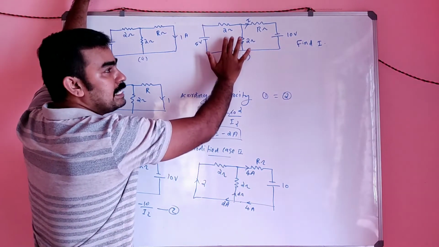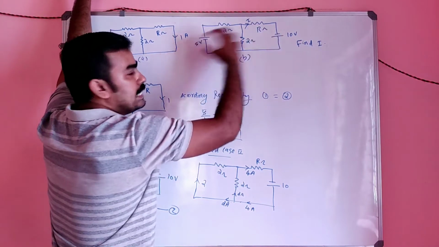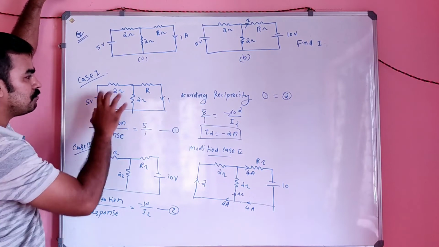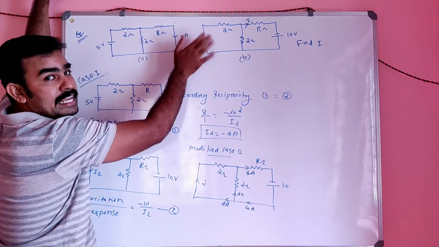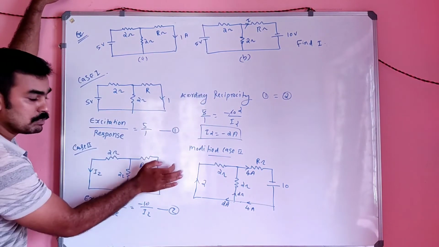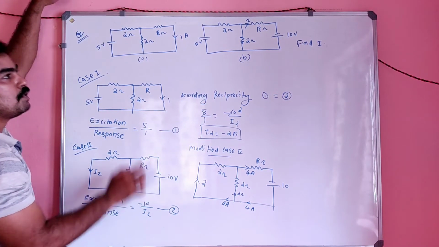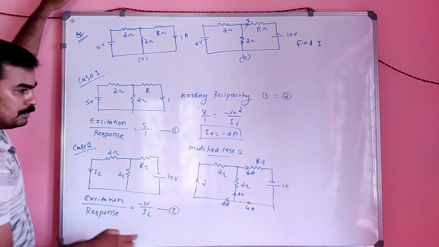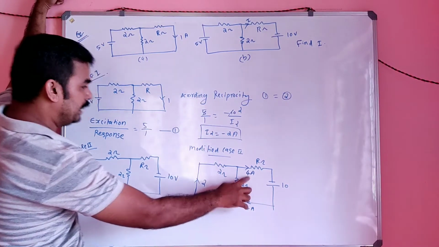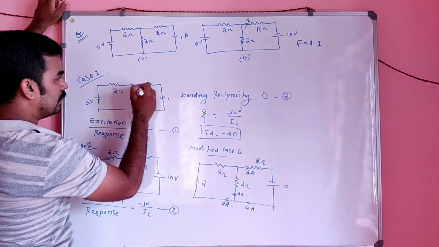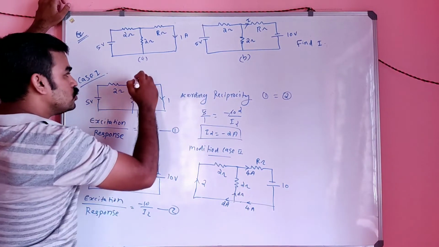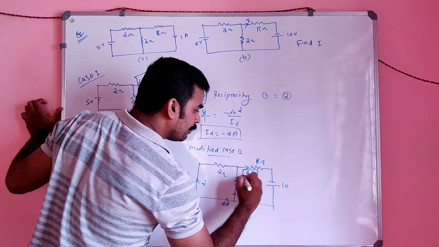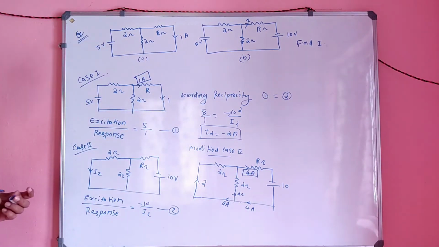If you see this circuit, it contains 2 sources and we split these 2 sources into single sources. In case 1, only the first source exists, and in case 2, only the second source exists, and we found the current value in both cases.